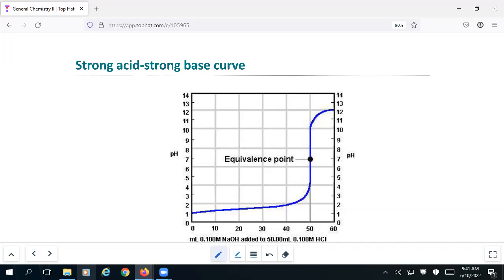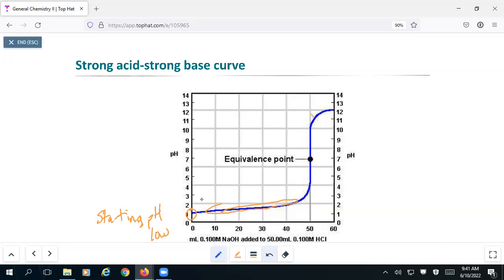And we can see, looking at all four of those zones, the starting pH is low. The pH change as we get to the equivalence point is relatively minimal.